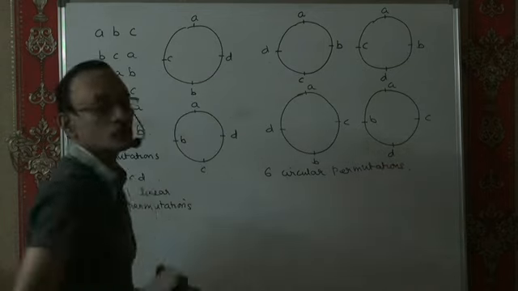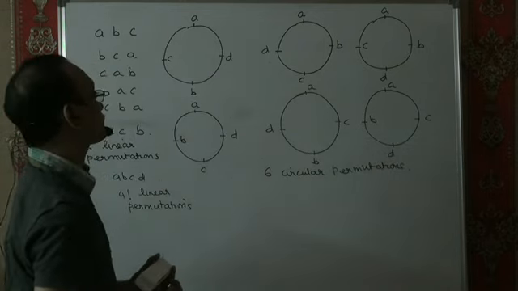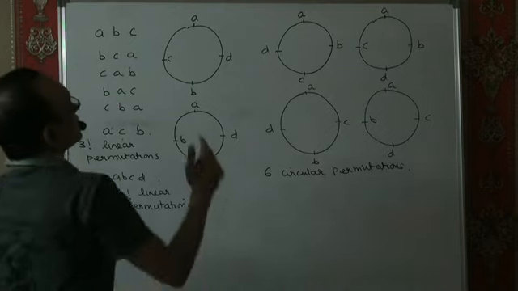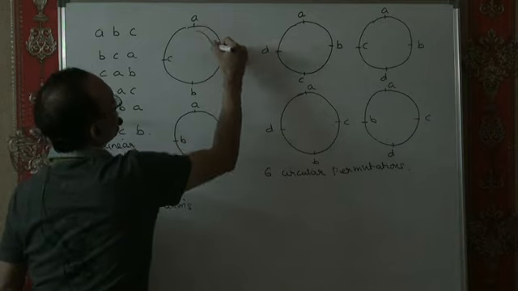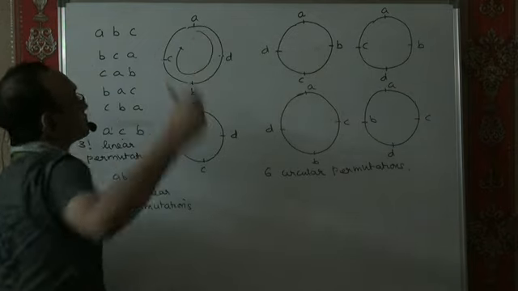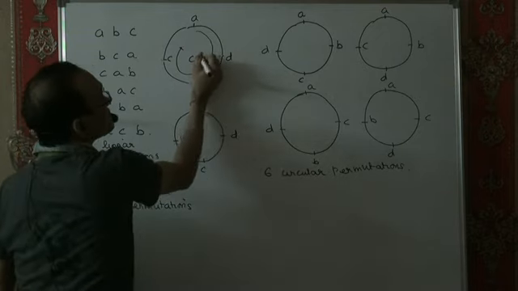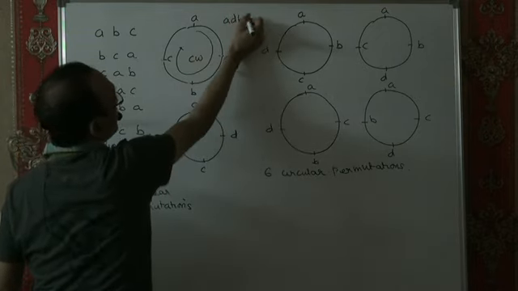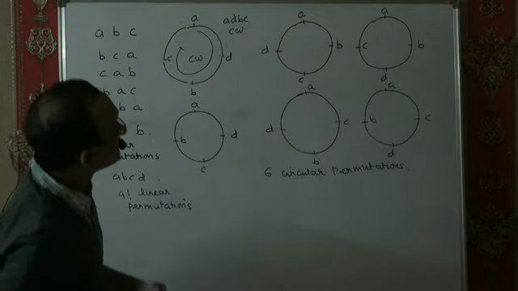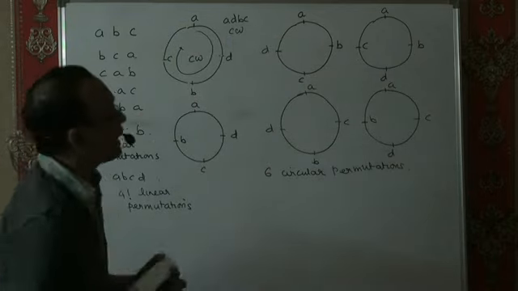And do you see, for every circular permutation that you pick from here, say there is a circular permutation A, D, B, C, which is clockwise. Let's see if there is an ADBC featuring anti-clockwise.